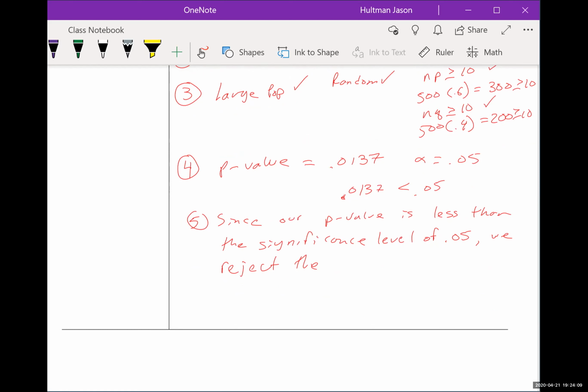We reject the null, okay, and accept that the proportion of students or graduates, however you want to say it, proportion of graduates.